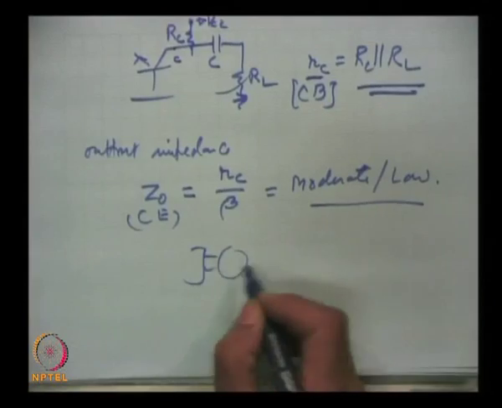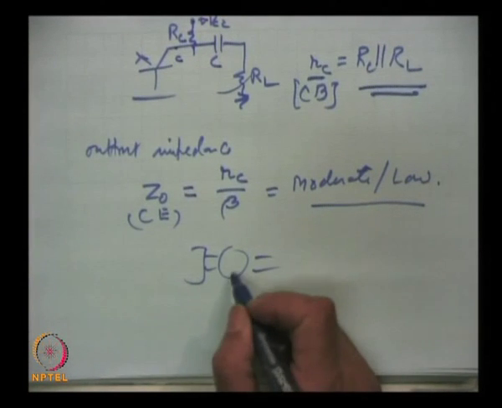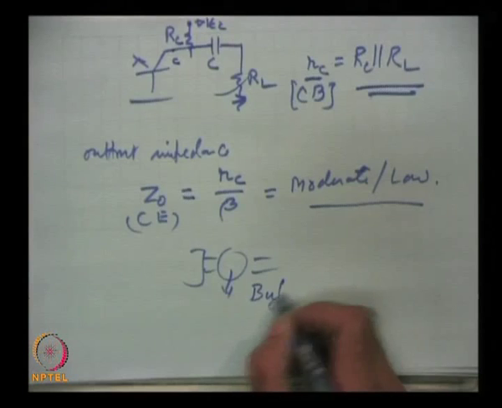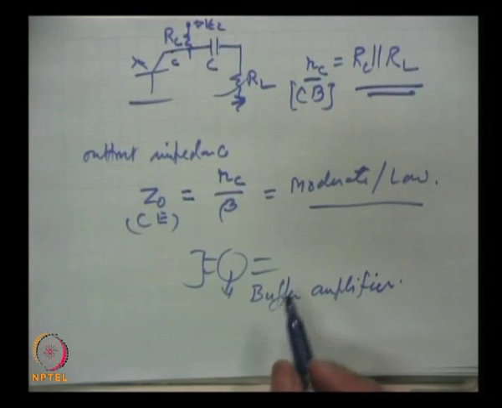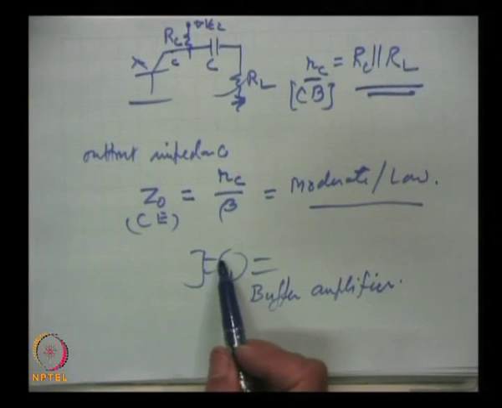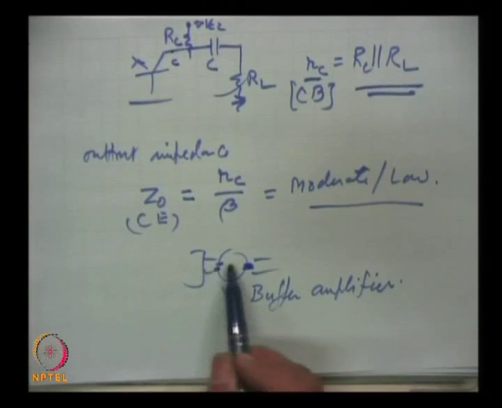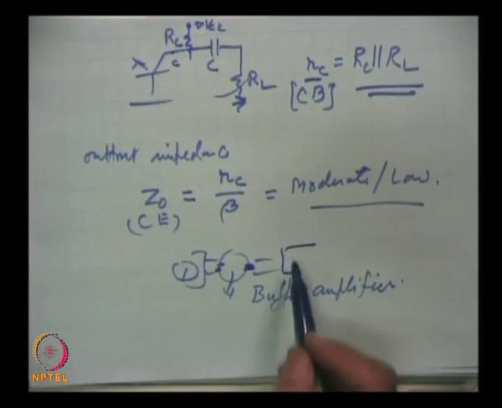In multi-stage, the stages have to be coupled together. Now, unless the impedances are not exactly identical, but of the same order of magnitude, we will require a third intermediate stage between the previous one and the next one, and this is called a buffer amplifier, which will match the two impedances which are supposed to be drastically different in the two amplifiers.